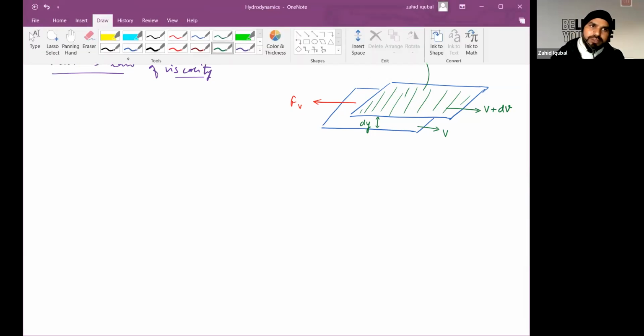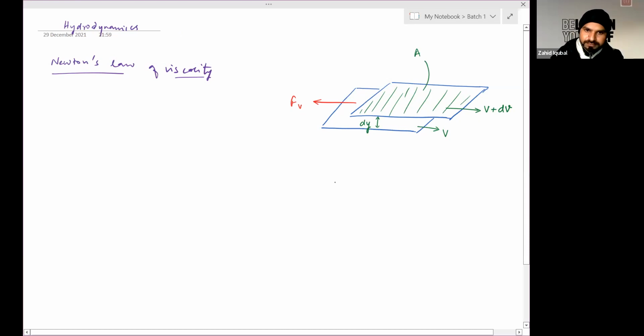Let me define what you mean by velocity gradient. In physics, we mainly define two different terms. First is rate. Rate is change in any quantity with respect to time. Rate of change of displacement, rate of change of velocity, and so on.